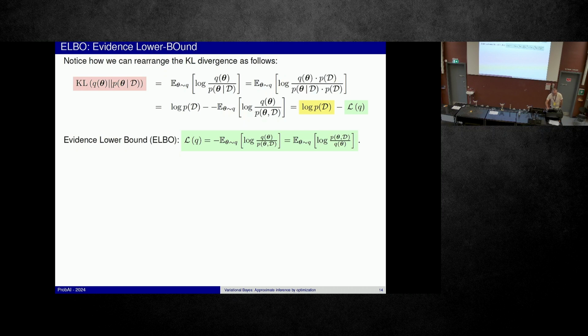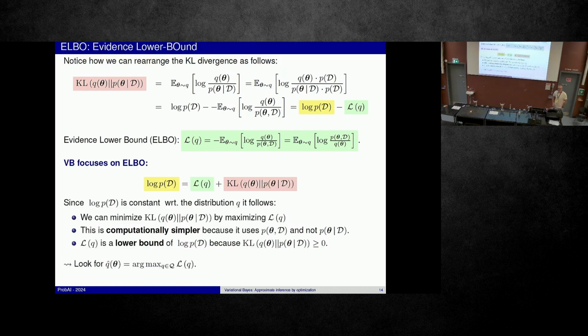So then, why is this cool? Why does it help us at all? Now, reordering the terms here, the Kullback-Leibler is the evidence minus the ELBO, which is the same as saying that the evidence is the ELBO plus the Kullback-Leibler. This is kind of the insight that we need.